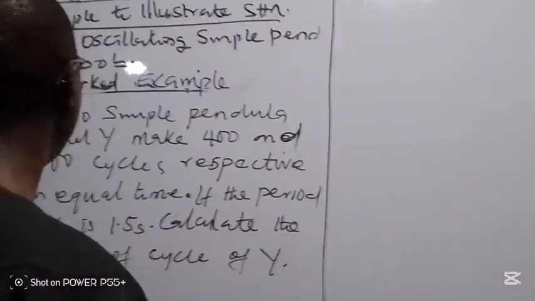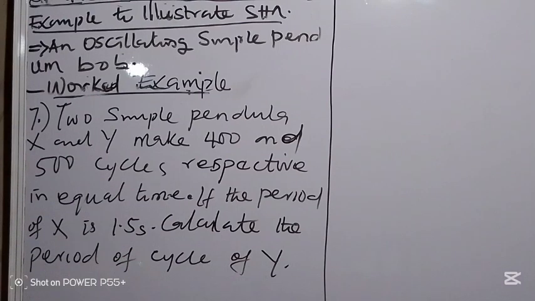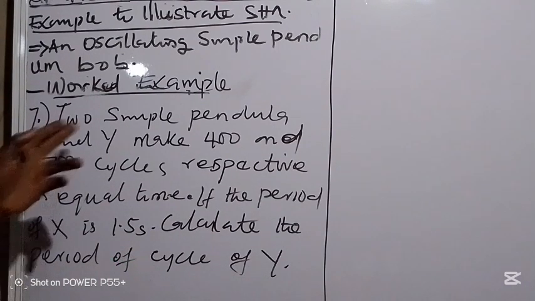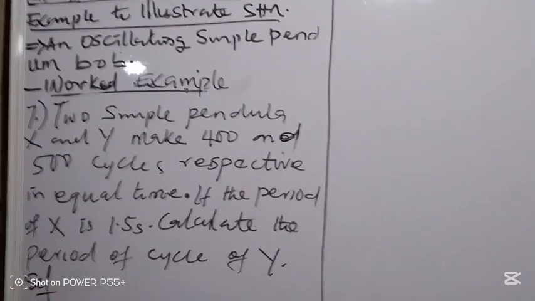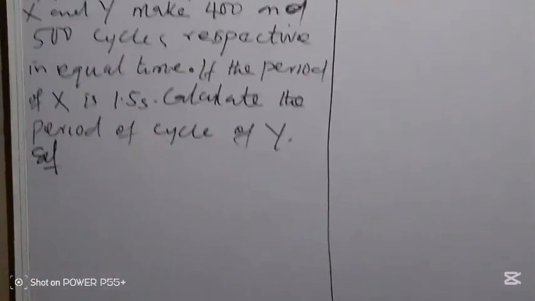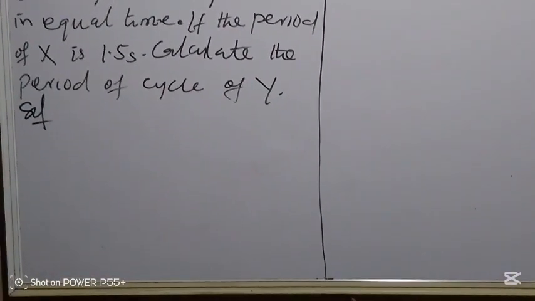Let's take this one as example 7. And for today, this one will be the last example. Two simple pendula, X and Y, make 400 and 500 cycles, respectively, in equal time. If the period of X is 1.5 seconds, calculate the period of cycle of Y. Solution. We were given two simple pendulums within this question.